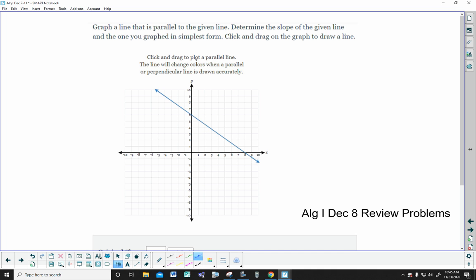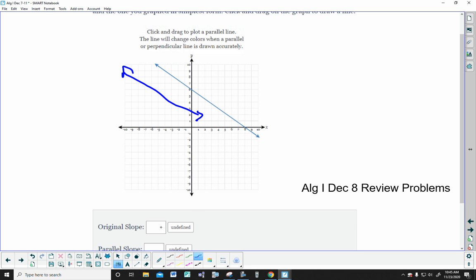There's a third type of problem, and that is graph a line that's parallel to this line. That's where you can put a point anywhere you want and drag, and when it turns green, then it's parallel. And then you just state the slope of the original line and the one you just drew. So this I'm just going to count out. I'm going to go from that point to that point.